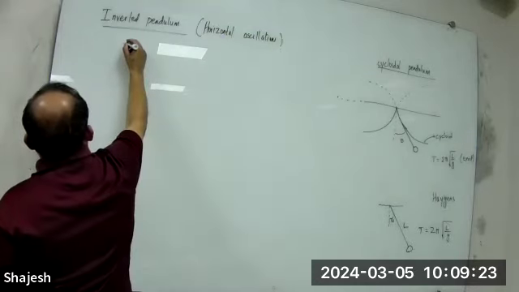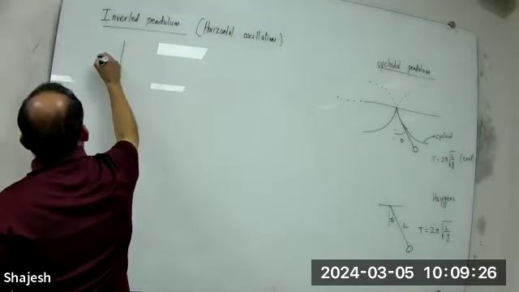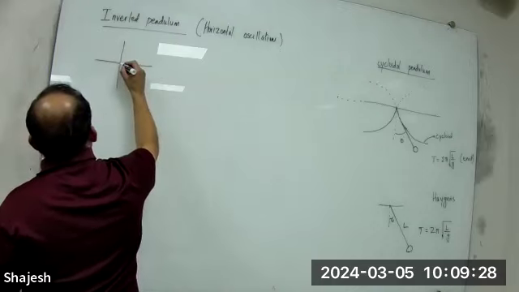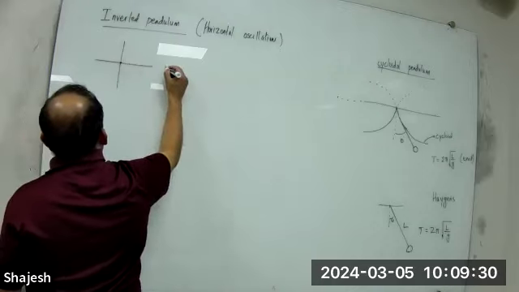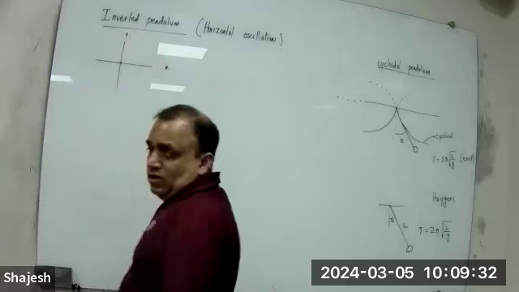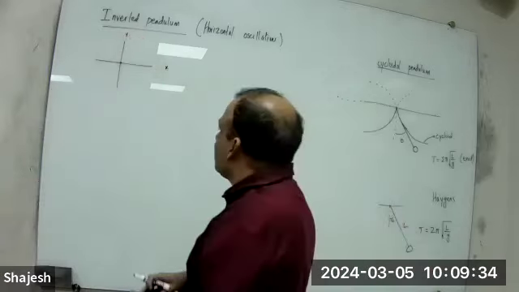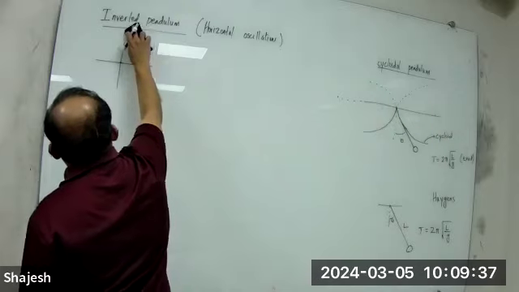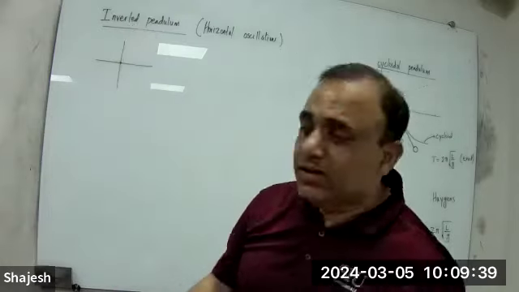So that's the center, so that's your X, that's your Y. Let me not say this is X and Y because I want to use X and Y for the mass.